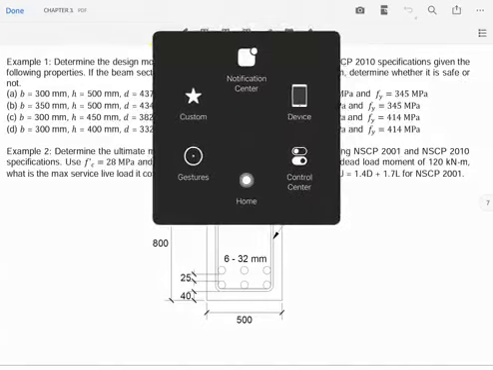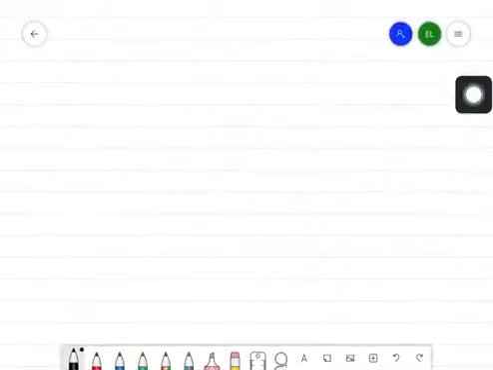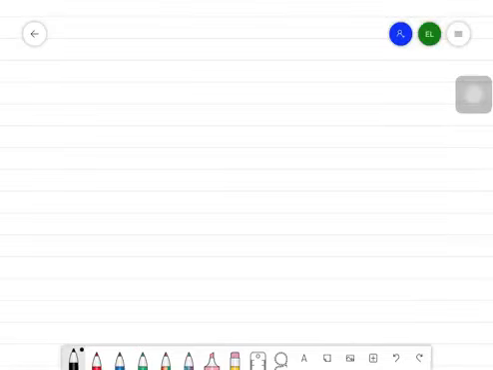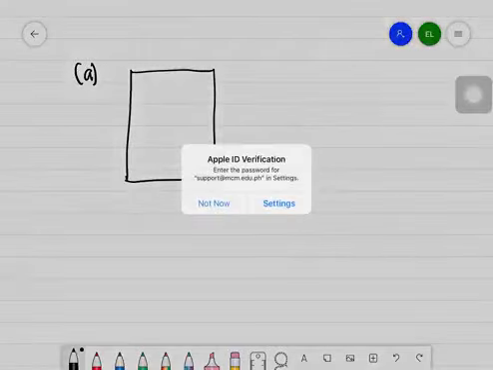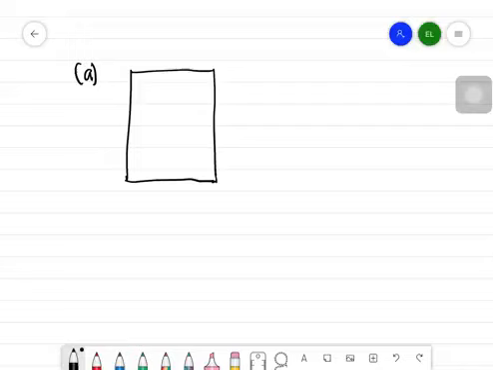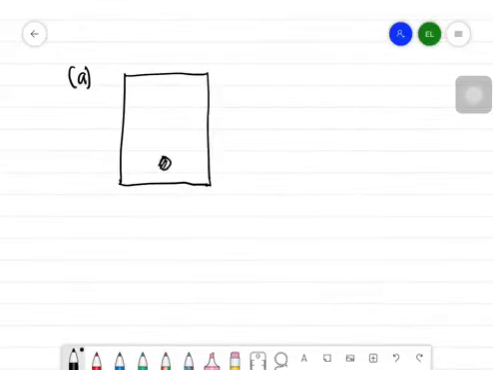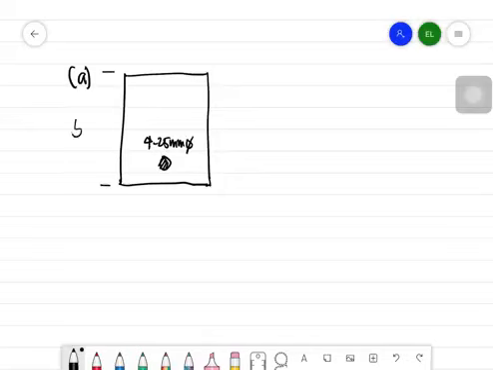So now, let me draw it, guys. Then we have four 25 mm diameter bars. Then we have h, which is 500 mm.